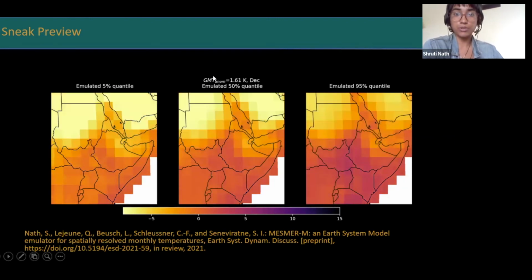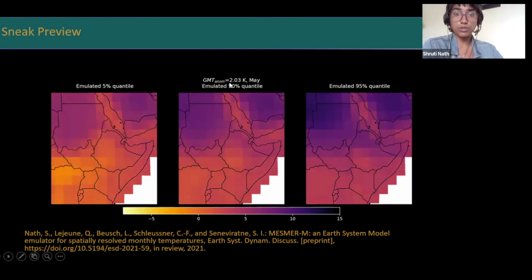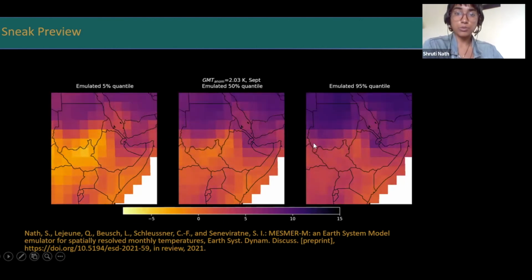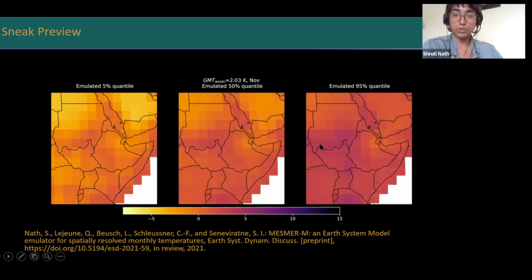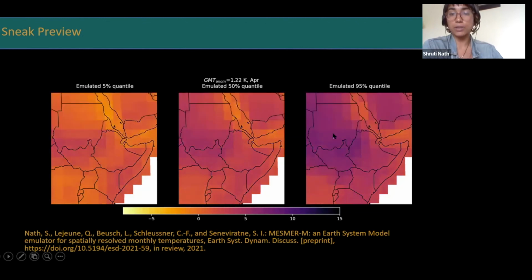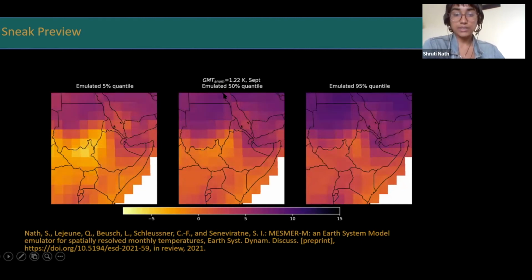Here I'm showing the 5th, 50th, and 95th quantile. And in general, you can see across the months, going on to a 2 global mean temperature anomaly, we capture some sort of monthly temperature pattern. And of course, you can look at how the impacts will vary, so how the temperatures change in the region according to which global mean temperature level we are at.